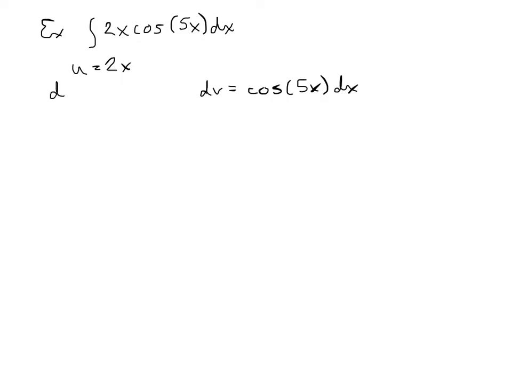Now I need to find du and I need to find v. Just notice my organization on here. You may do this differently, and that's totally fine as long as you're finding the same quantities. So du is the derivative of u, so that's 2 dx. And the integral of cosine is sine. 5x stays in there.